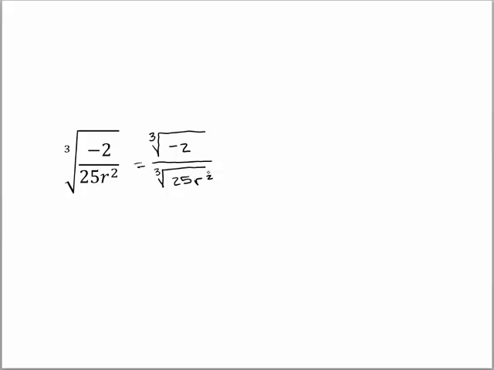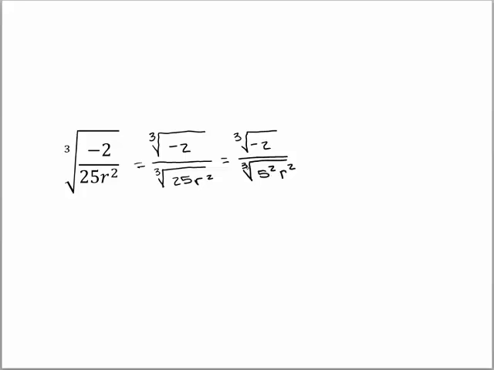Alright, now to rationalize the denominator, let me rewrite this one more time, okay? I think you'll see it a little easier. Really, this is 5 squared, right? 5 squared is 25, and we have r squared. Alright, now what we have to do is get rid of this radical sign.